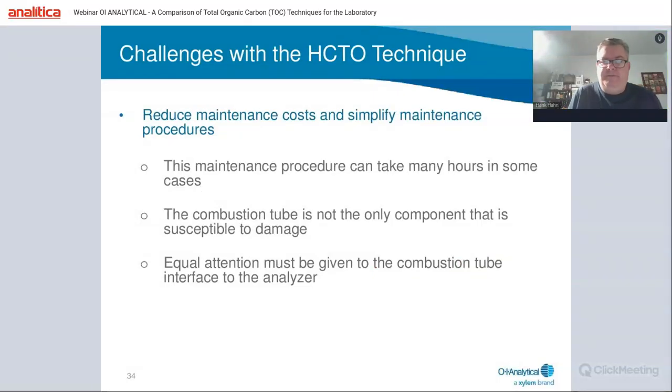Maintenance can take many hours in some cases. The combustion tube is not the only component susceptible to damage, and equal attention must be given to the combustion tube interface to the analyzer. One of the big things with the combustion tube is that it does need to cool down before you can start to work on it.